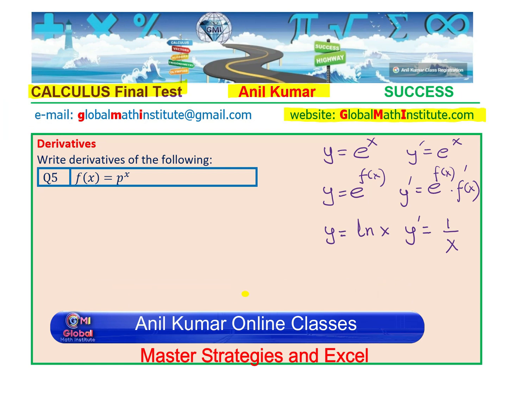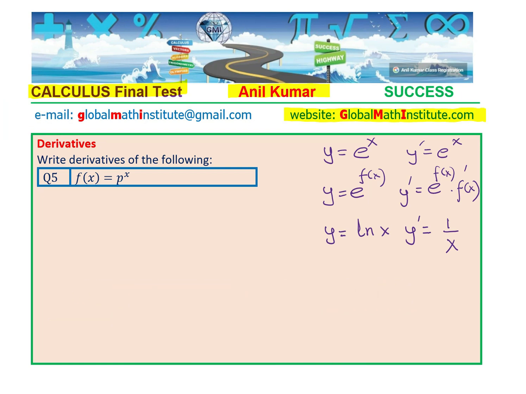As you know, the exponential function e to the power of x and ln x are inverse functions, right? So we're going to use that property also. What I'm trying to say here is that e to the power of ln x is basically equal to x.